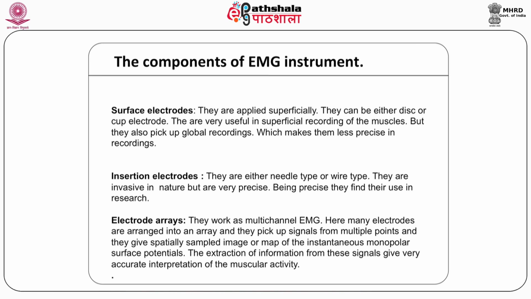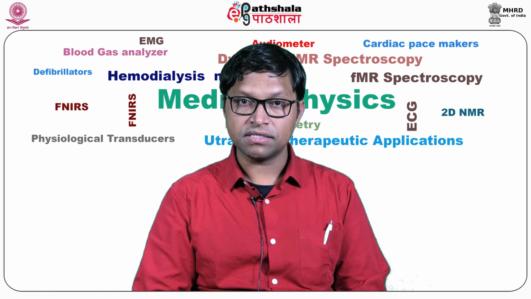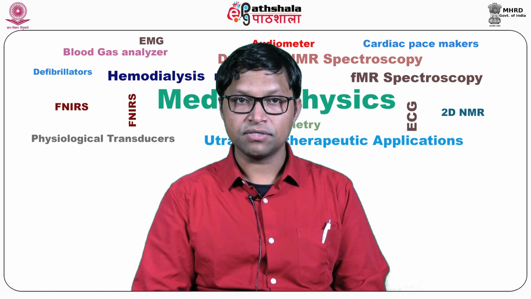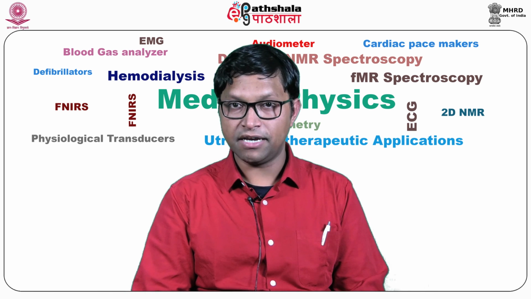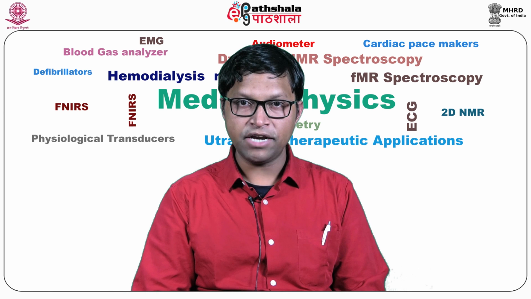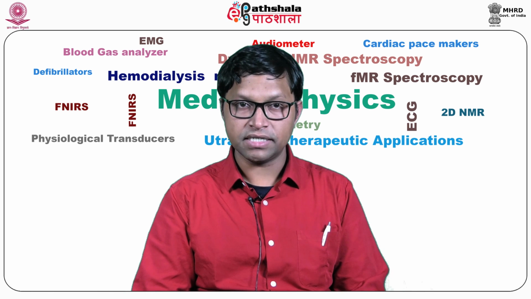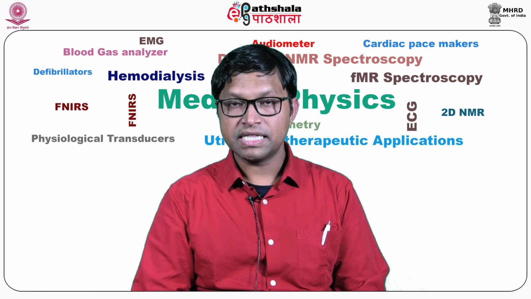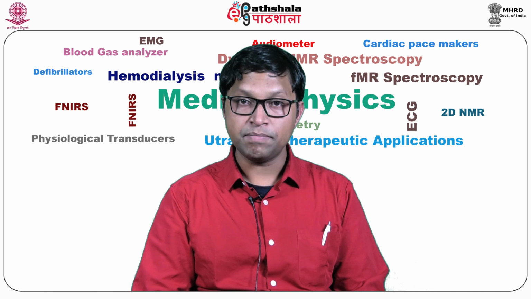The extraction of information from these signals gives very accurate interpretation of the muscular activity. The proper placement of the electrodes reduces the electrode skin impedance. The electrodes that we are using nowadays come with already attached gel. When the electrode is applied on the skin, many charge layers are created, which are also called the Helmholtz layer, at the metal gel and the gel skin interface, thereby forming an imaginary or capacitive component of impedance.